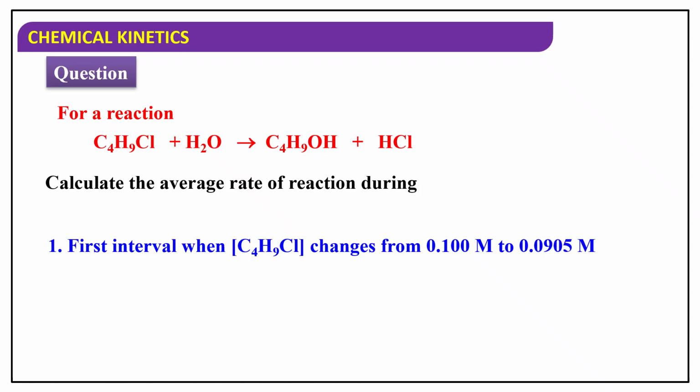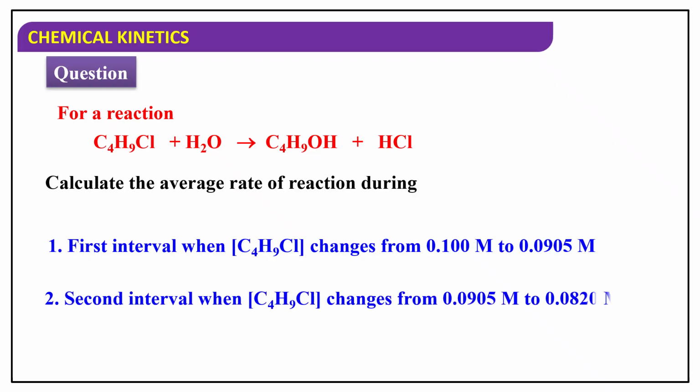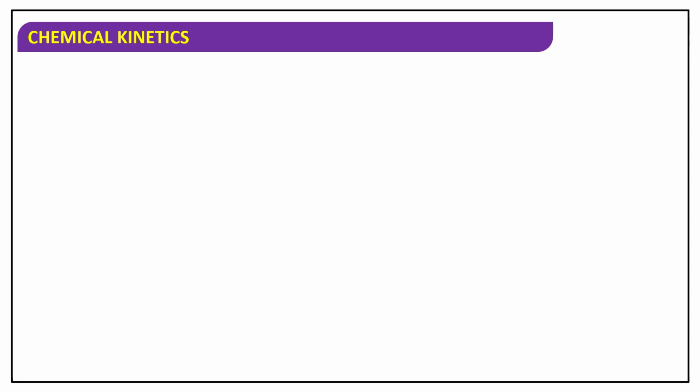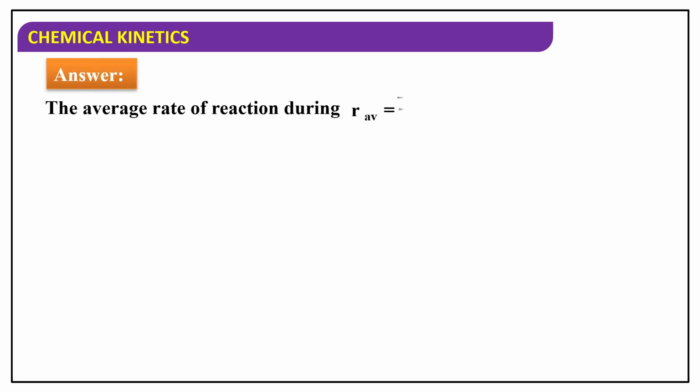During the first interval, C4H9Cl changes from 0.100 molar to 0.0905 molar, and in the second interval the concentration decreases from 0.0905 to 0.0820. So the answer: average rate of reaction is equal to decrease in the concentration of reactant divided by change in time.